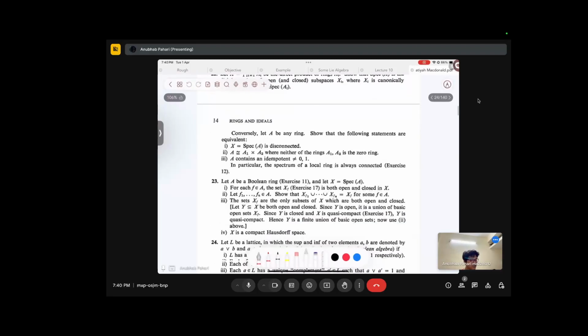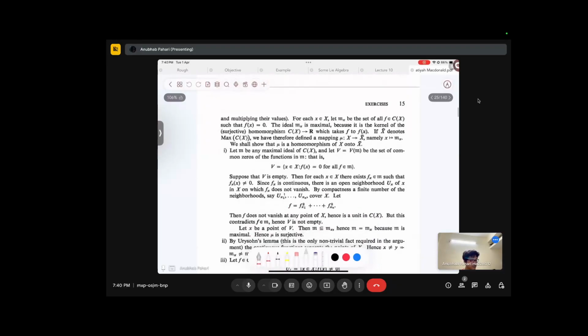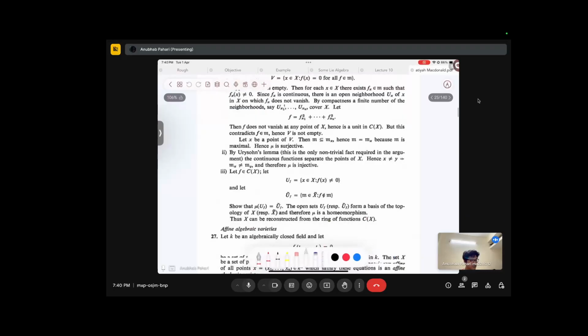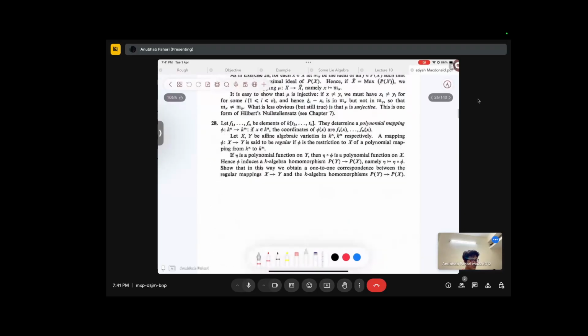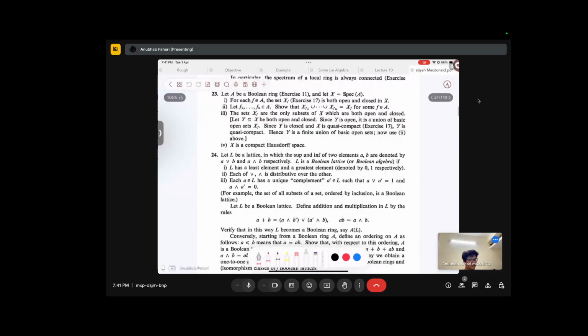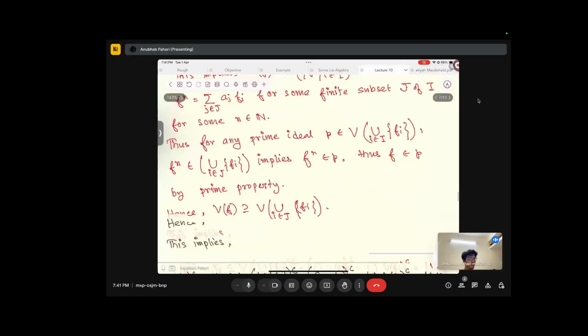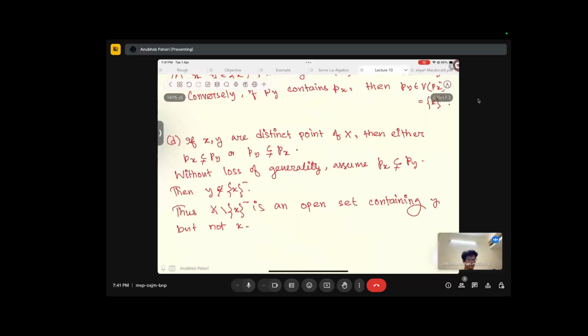Okay, let's see how much we can do in the next classes. We'll be doing these two problems, that is affine algebraic varieties and these things. This will be interesting. Keep studying these things, and let me know if you have any problem.